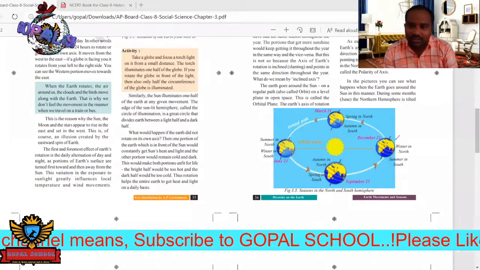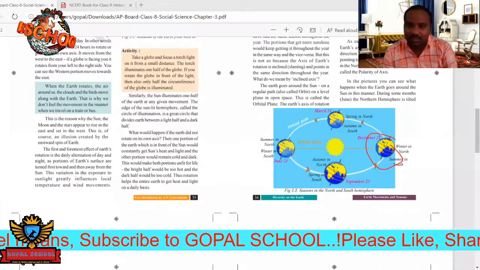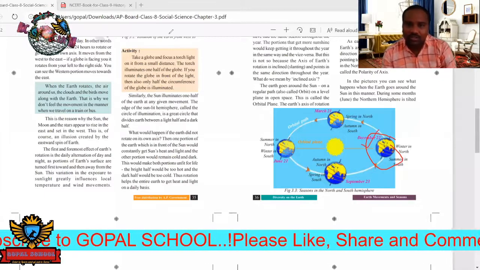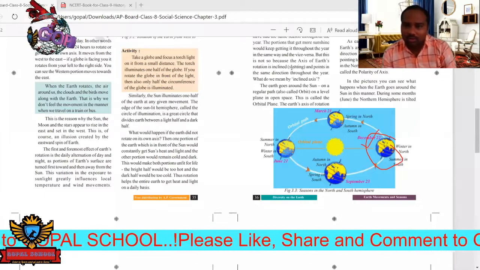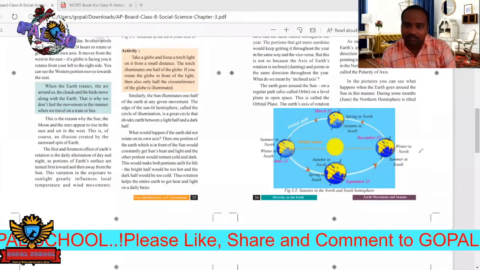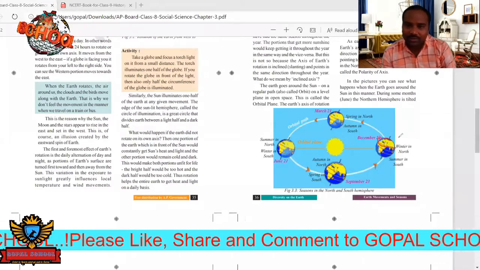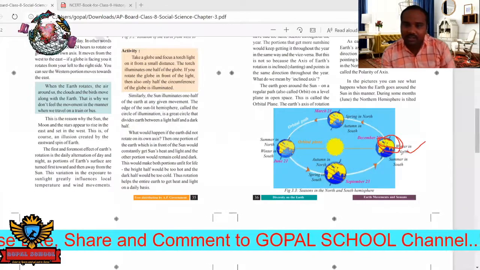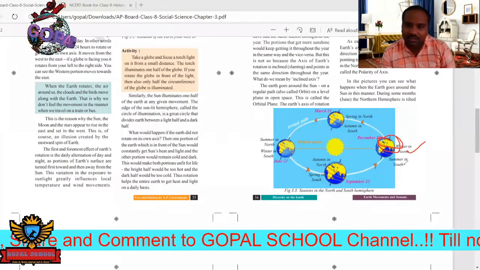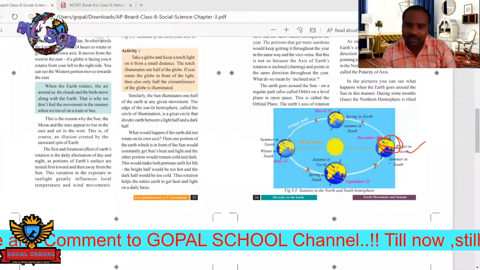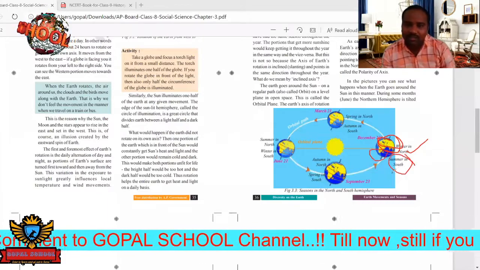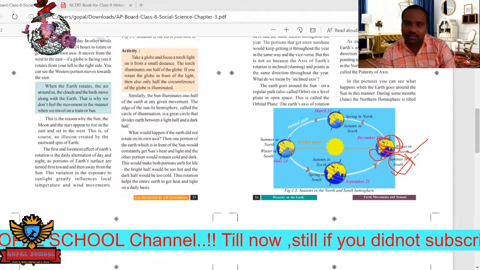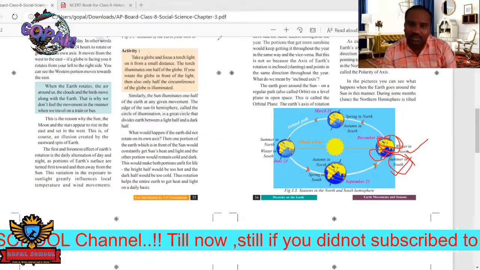Now when the earth is in this position, that may be around December 22. So around December 22, here the northern hemisphere, the northern countries, are having the winter season, and the southern countries from the equator are having the summer season. So the southern hemisphere is having the summer season, in the south side. Why are we having this summer season here?